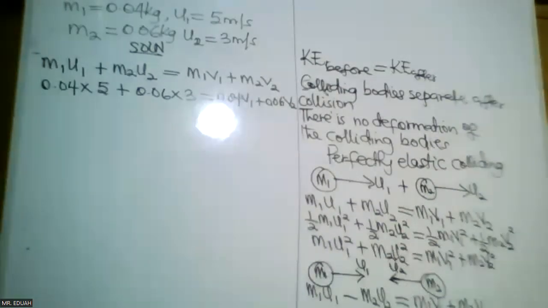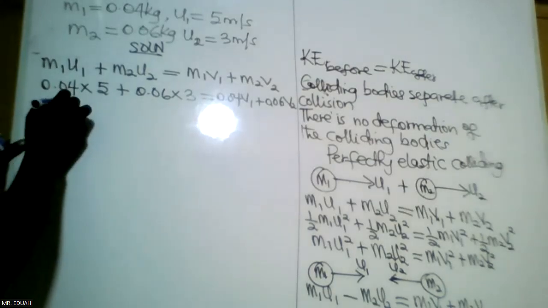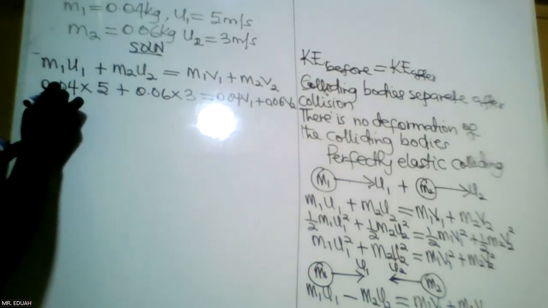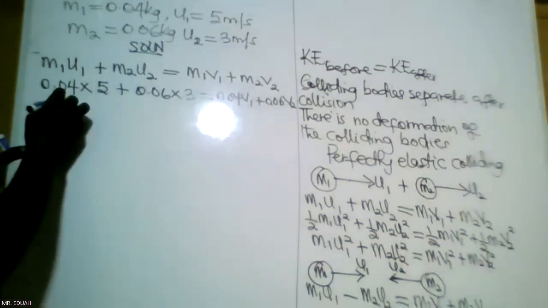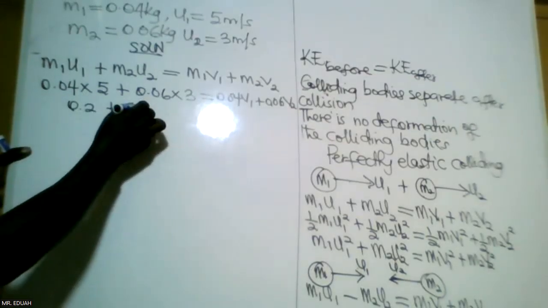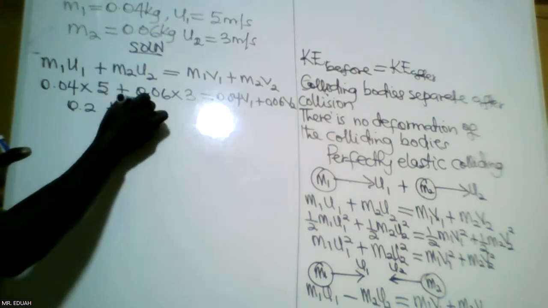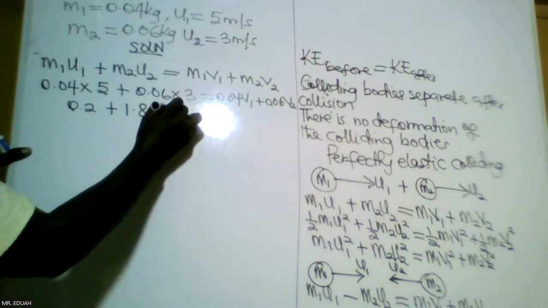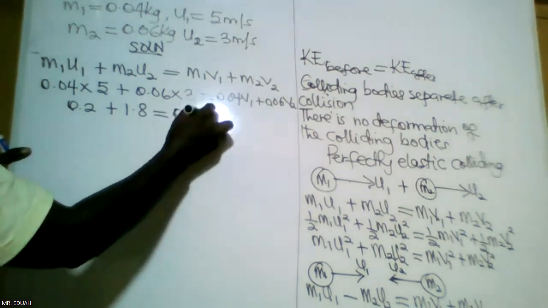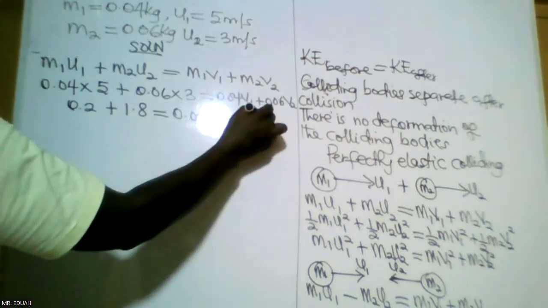All right. So this is 4 on 100. Okay. So 20 over 100, 0.2 plus 6 on 100. So 1.8 is equal to 0.04 V1 plus 0.06 V2.